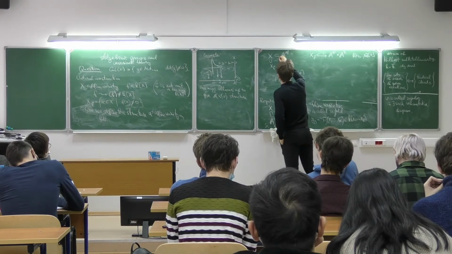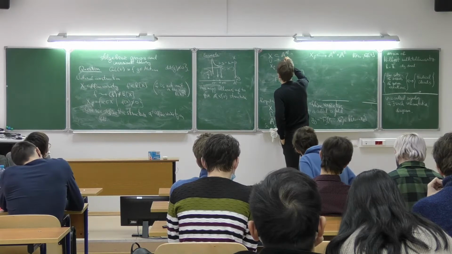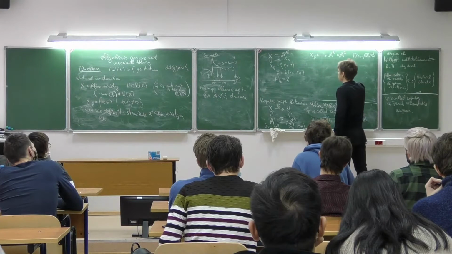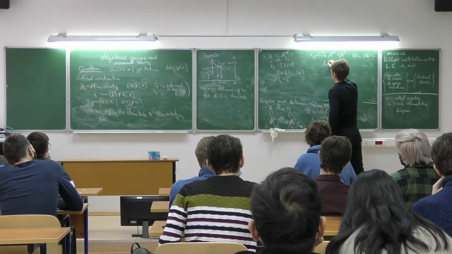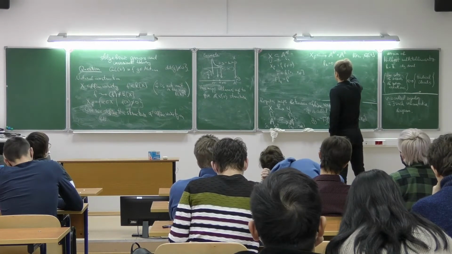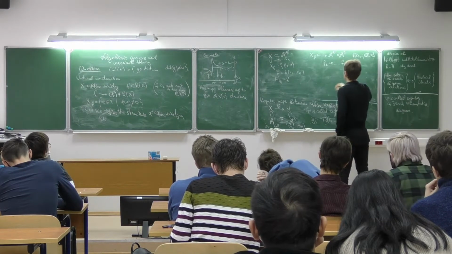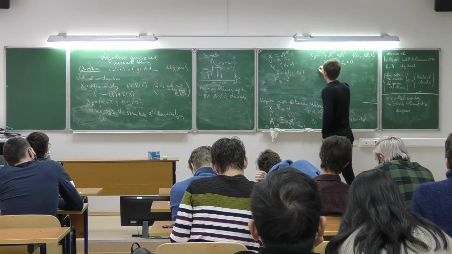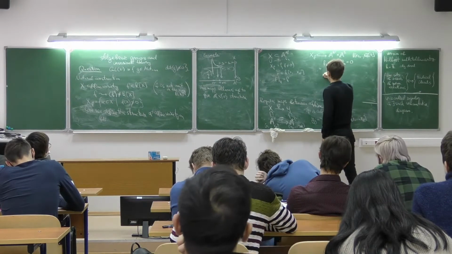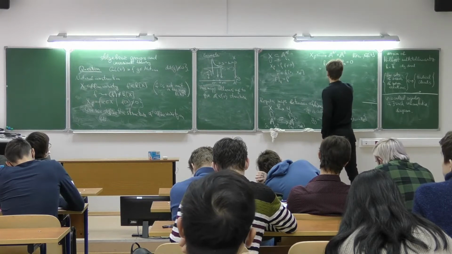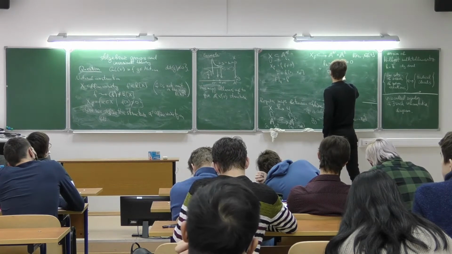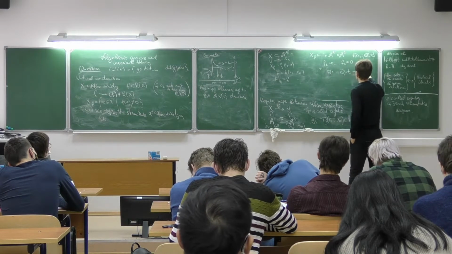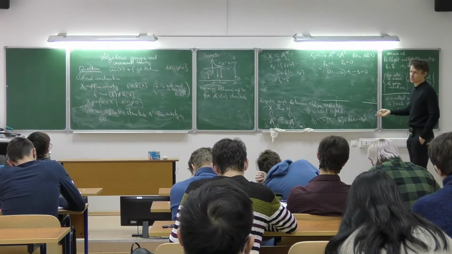X was defined here by the collection f1, ..., fn. So here you can use the same collection of equations, and then add the additional equation: f(x1, ..., xn) times t minus 1 equal to 0. So this is the additional equation.